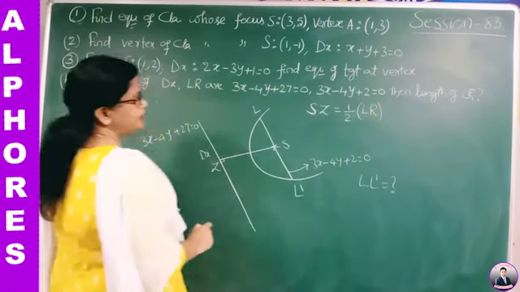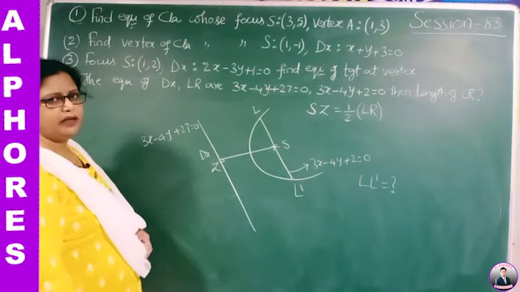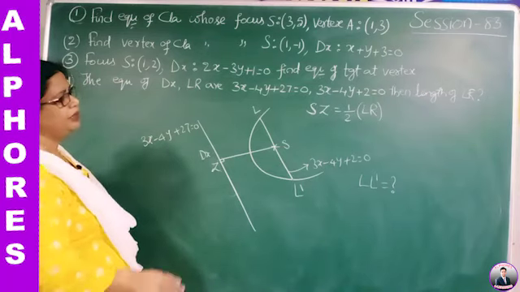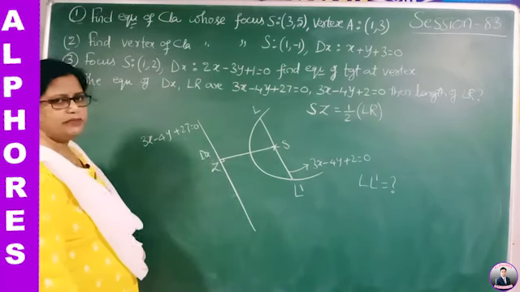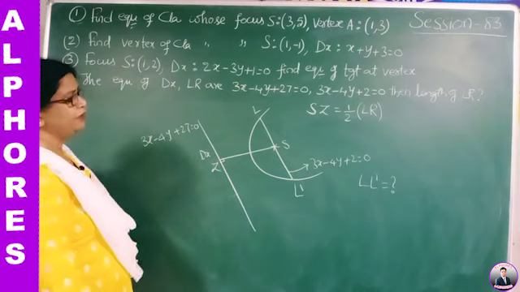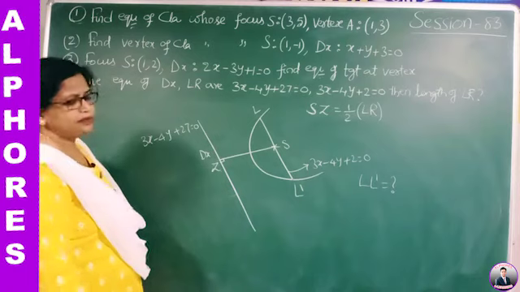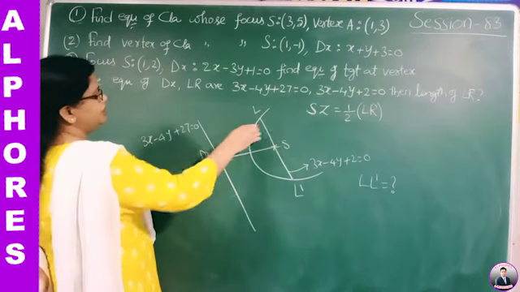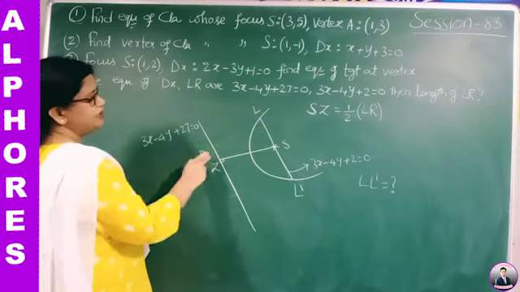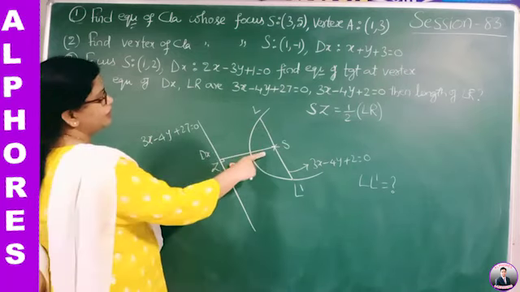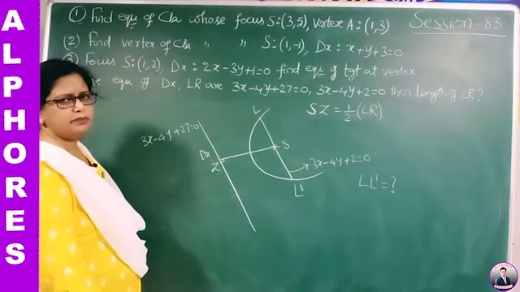When lengths are concerned, however the parabola is, oblique or normal, axis parallel, horizontal or vertical, lengthwise they are the same. That means SZ is always half of the length of the latus rectum. You don't know S here, but nothing to worry. You know clearly these two lines are exactly parallel, so the distance between these two parallel lines is 2a.